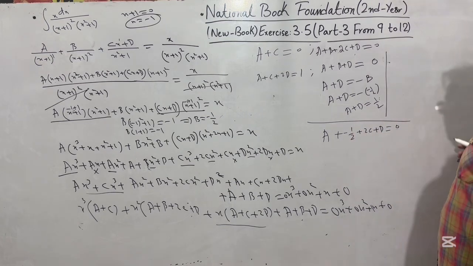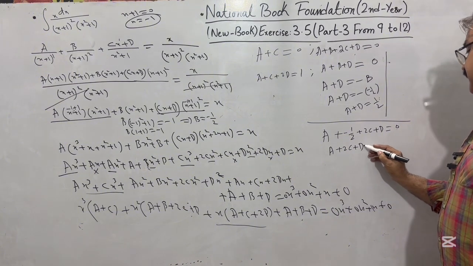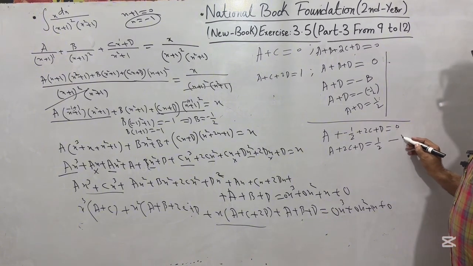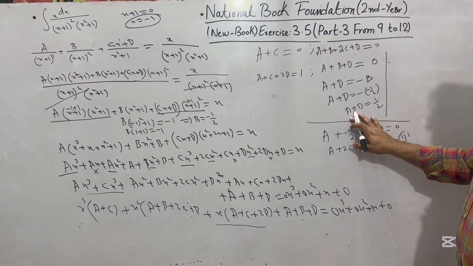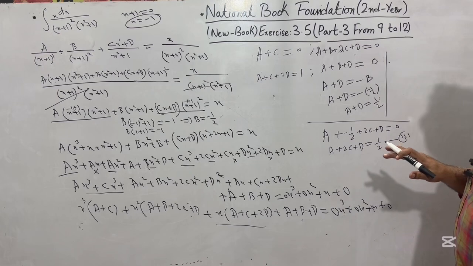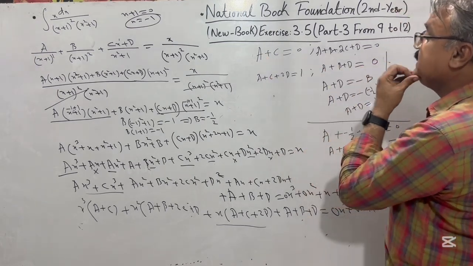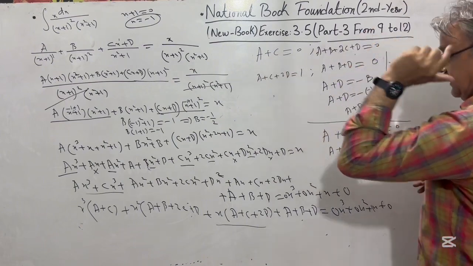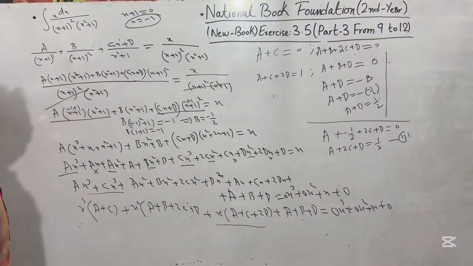Shift 1 upon 2 here, it will become a plus 2c plus d is equal to 1 upon 2. So I have this equation in a, c, d, and from this I can manage the value of a is equal to minus c. Let me erase and make a space, then think what we have to do.